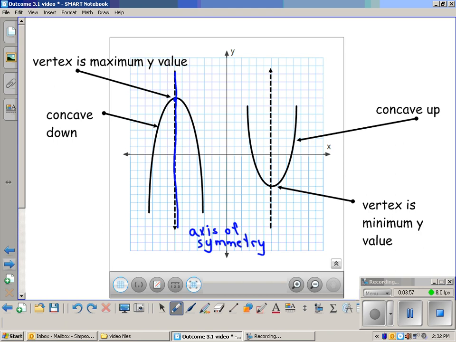So we look at our coordinate plane. Here's our y-axis. Here is our x-axis. Therefore, the axis of symmetry for this parabola will be the line that goes through x equal to -7.